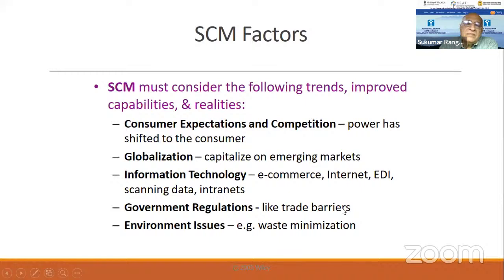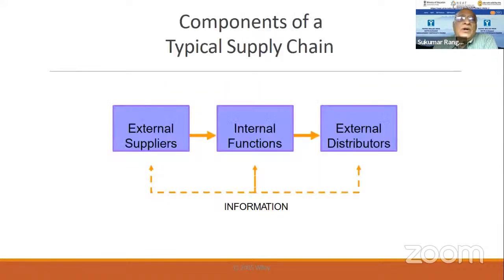The world, you have trade treaties from across many countries, and environmental issues to reduce waste. We talked about the sustainable development goals, which are followed by most good organizations.